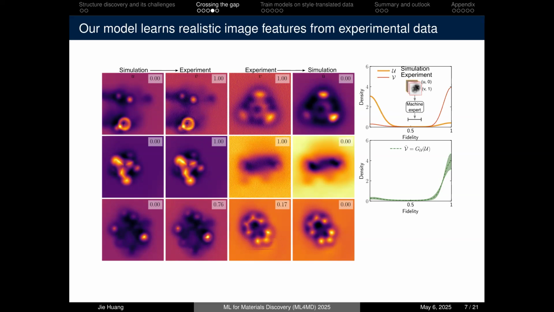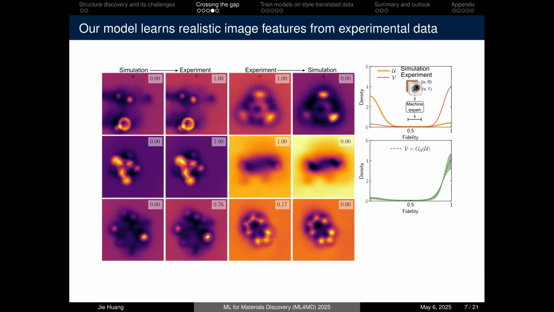It will get a distribution that looks like this. And then when we input the experimental images, it will generate a distribution that looks like this. From this, we can see that the machine expert can learn to distinguish between simulation and experimental AFM images.